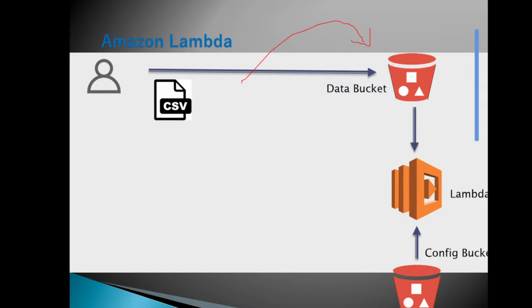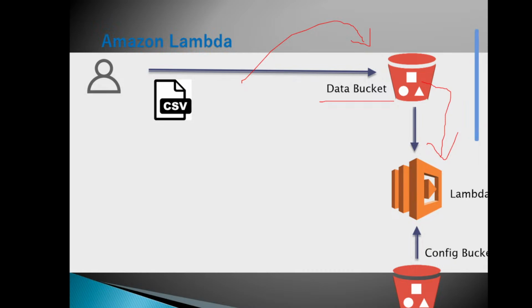We have seen that we can trigger Lambda using S3. How? In S3 there is a feature called create an event. Okay, create a trigger. Whenever a new file is created, you can create a trigger and that trigger can be integrated with Lambda. So automatically वो Lambda code create कर देगा. So you don't have to worry about anything.